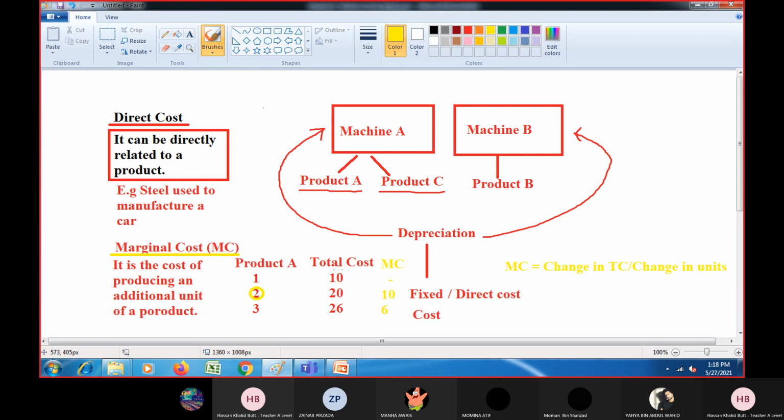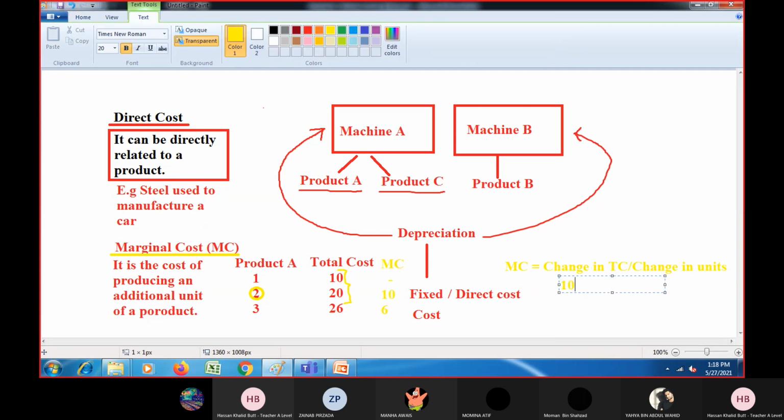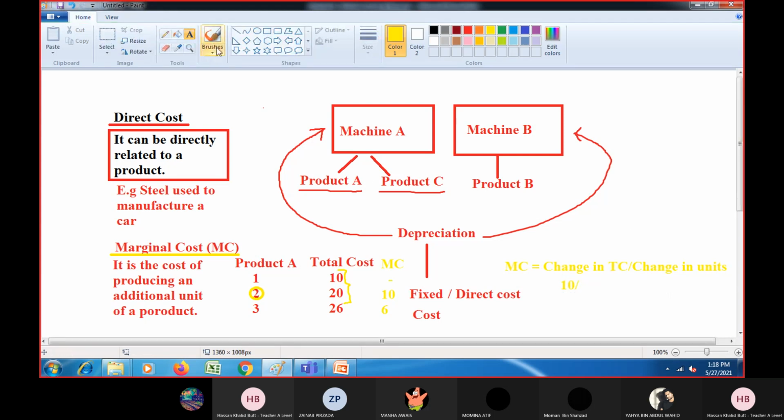We did that earlier. This is the change in the total cost: 10. So we'll write it there, 10, divided by, what is the change in units? Again, we can easily see that. The change in units is 1. Okay? So we'll write 1 there.